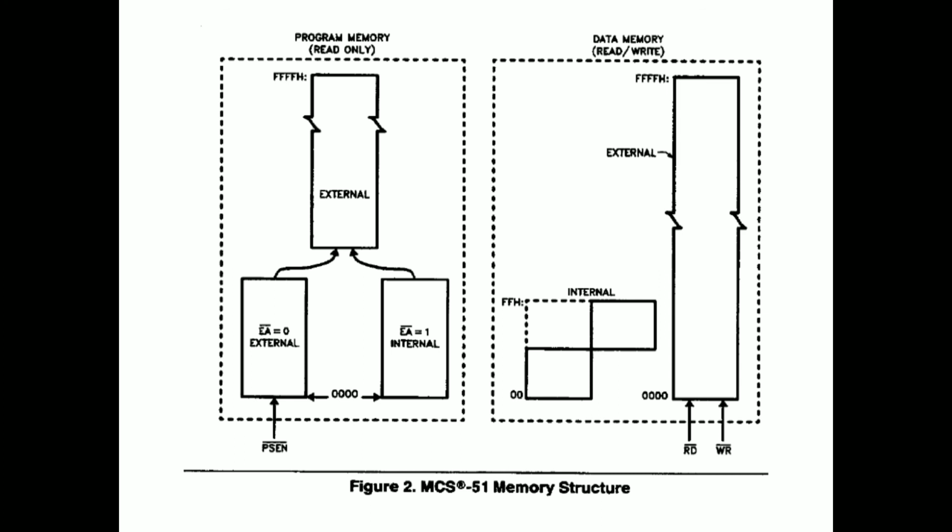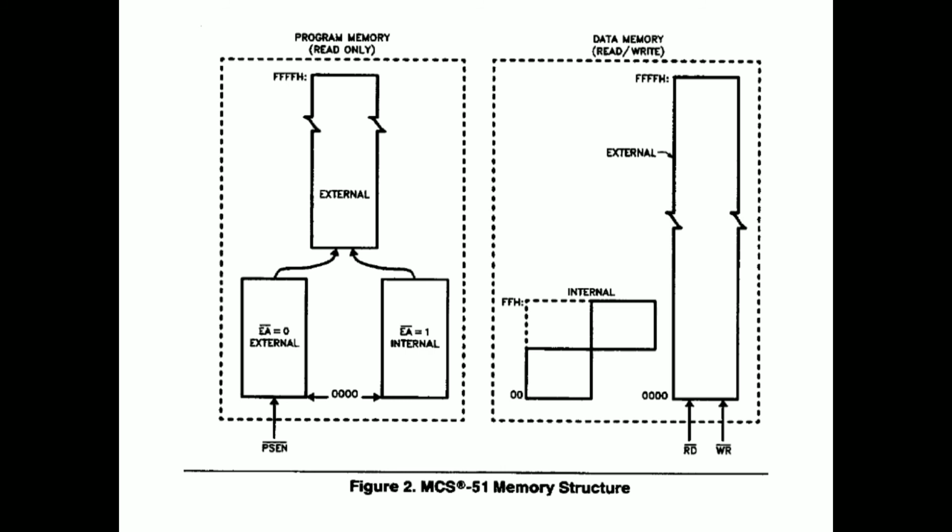This is the main and important memory structure used for the 8051 microcontroller. We have the PSEN pin and the EA bar pin. These pins are used to connect the various memories; they are called memory pins.